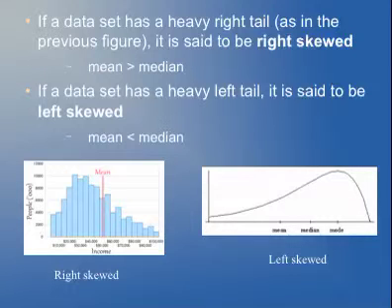If a data set has a heavy right tail, so that means it kind of goes off to the right, that means it's right skewed, and the mean is greater than the median. If the data set is the other way, so it has a heavy left tail, so that means that there's some extreme small values, it's said to be left skewed, and that's when the mean is less than the median.